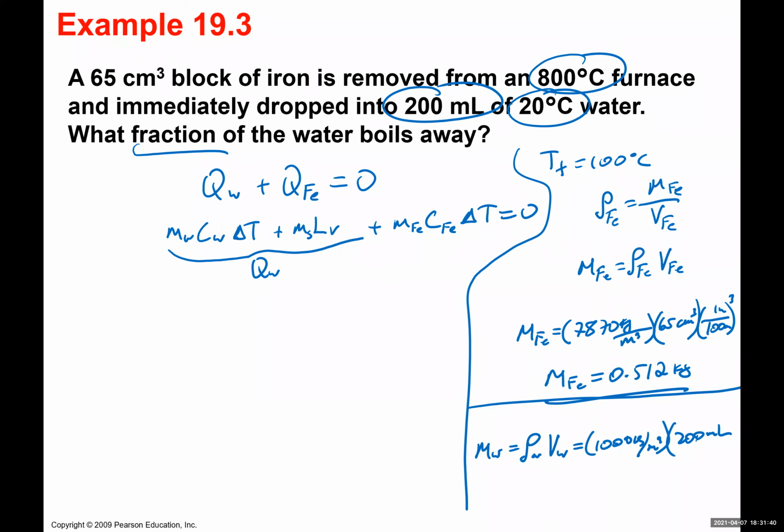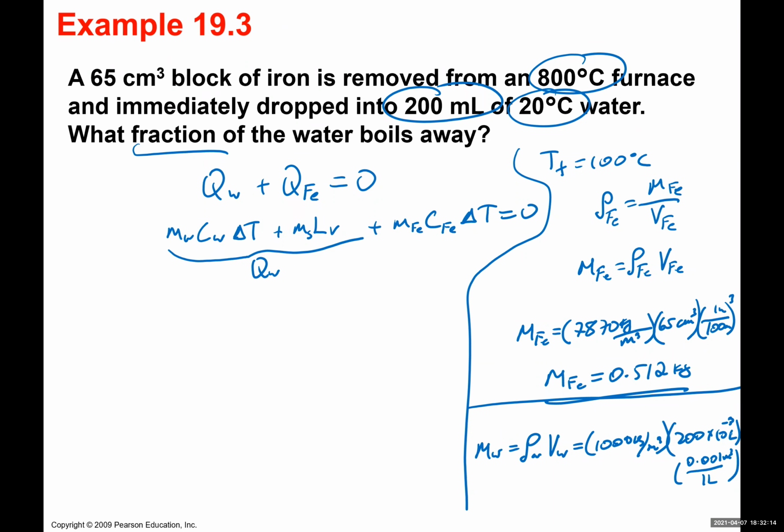Okay. Let me write this actually in terms of times 10 to the negative 3 liters. Then I need to convert from liters to cubic meters, where I can say that 1 liter is 0.001 cubic meters.